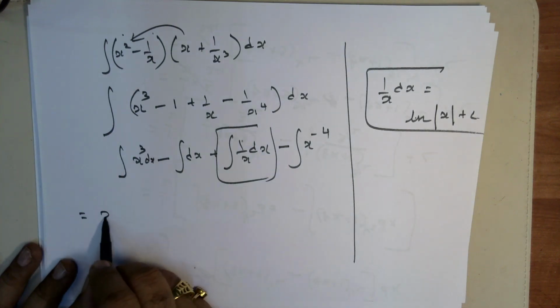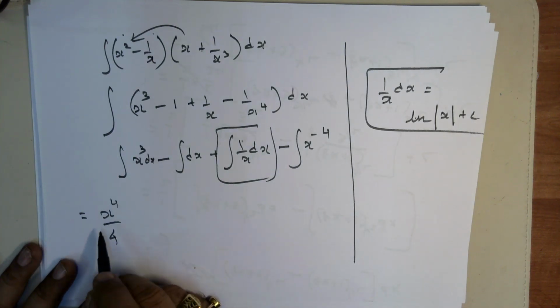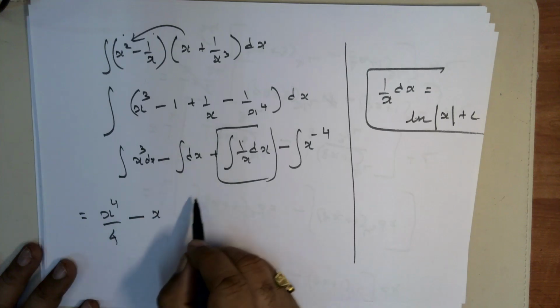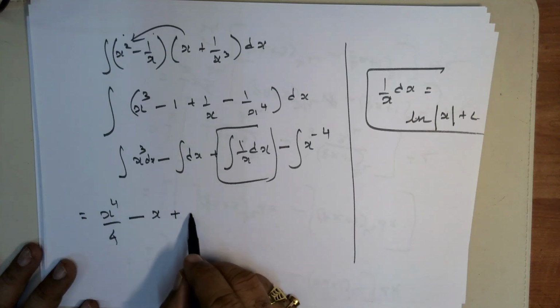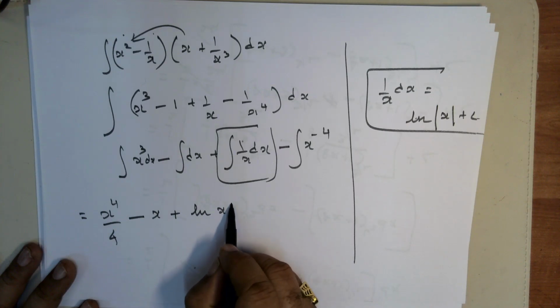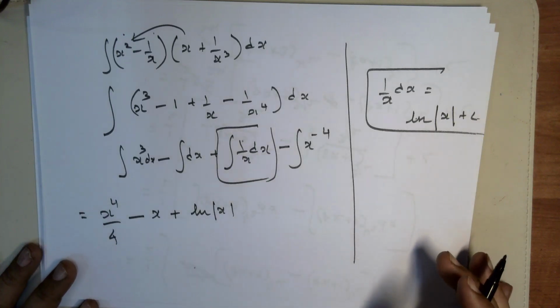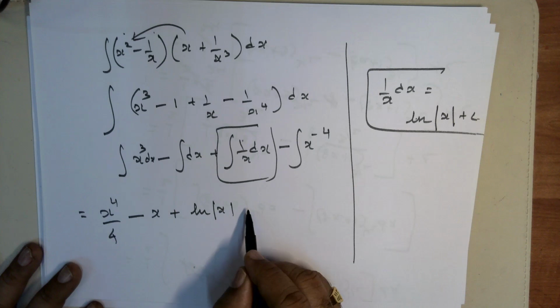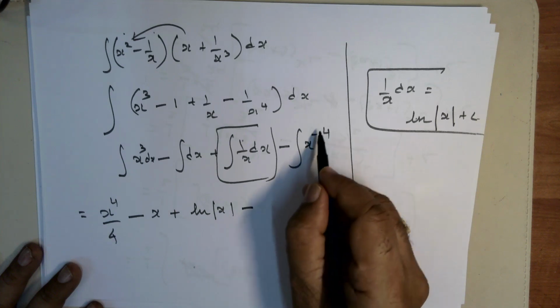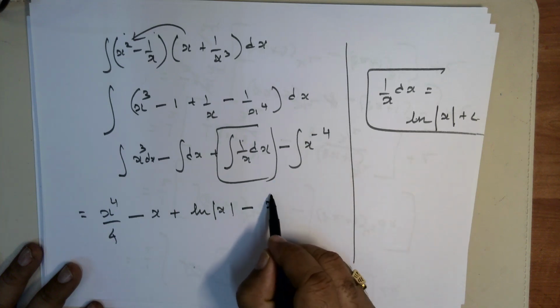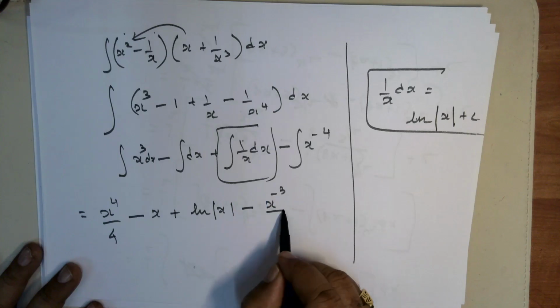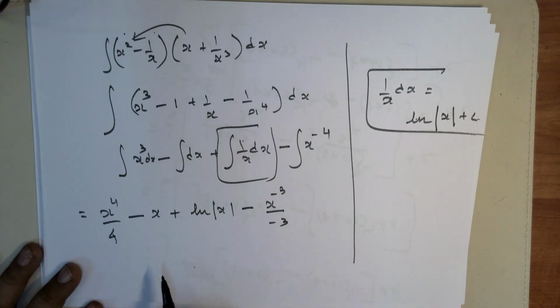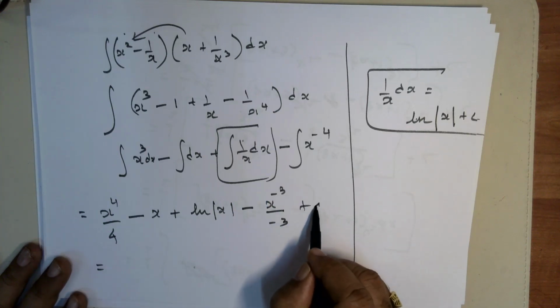So what is that? x power 4 by 4. Got it? And what about this x? And then this one plus log modulus of x. And then you have minus x power minus 3 divided by minus 3. So you have to be very careful, plus 3.